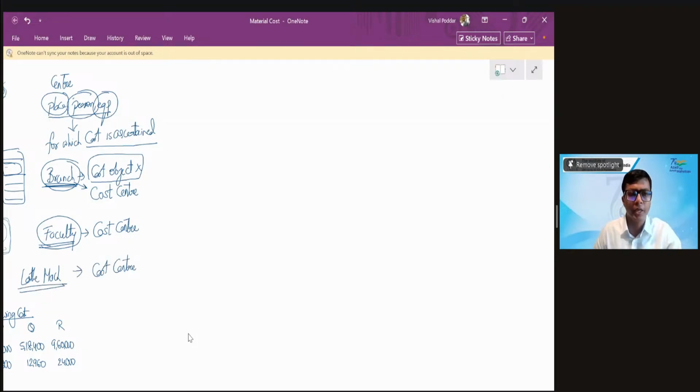So you can say whatever are your business resources, it can be a place or a person or an equipment where you are doing costing. That is, you are ascertaining the cost of that place or person. The only difference is it is not like your product because your intention is not to sell it. That is what a cost center is. Neeraj, I hope it is clear and it is also clear to everyone.